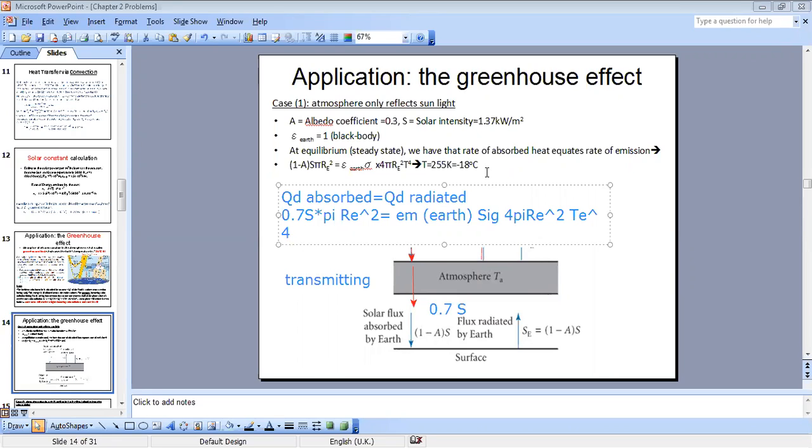So if we don't have the atmosphere here, life on Earth will not be as it is now, because it's a very low temperature and a lot of species cannot live under these conditions. It's not a comfortable temperature at all. This is why the role played by the atmosphere is very important.